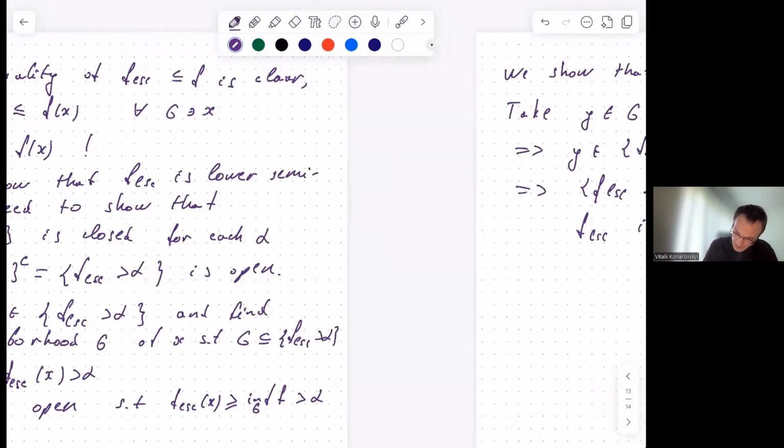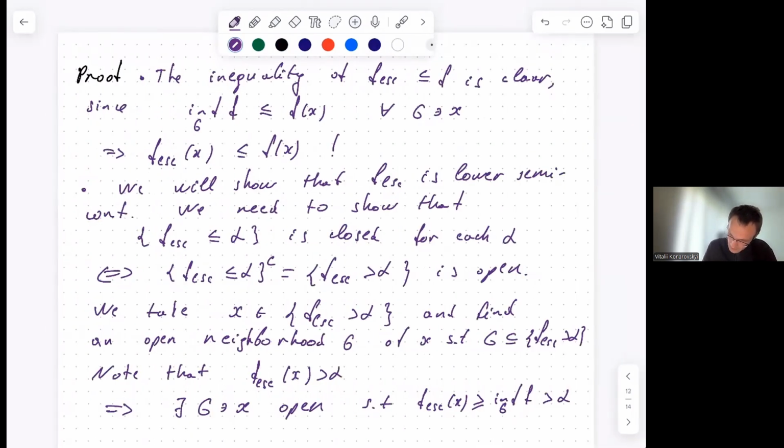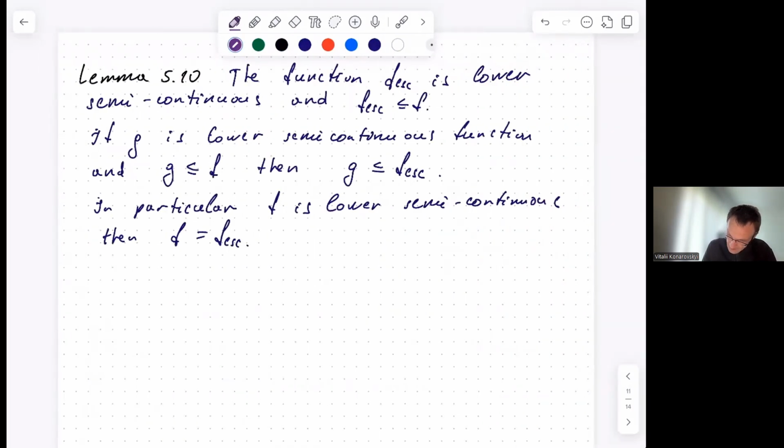Okay, we already proved the fact that f lower semi-continuous is lower semi-continuous, and also this inequality. Now it remains to show that if you take a lower semi-continuous function g that is smaller or equal than the given function f, then it is also smaller or equal than its lower semi-continuous regularization.